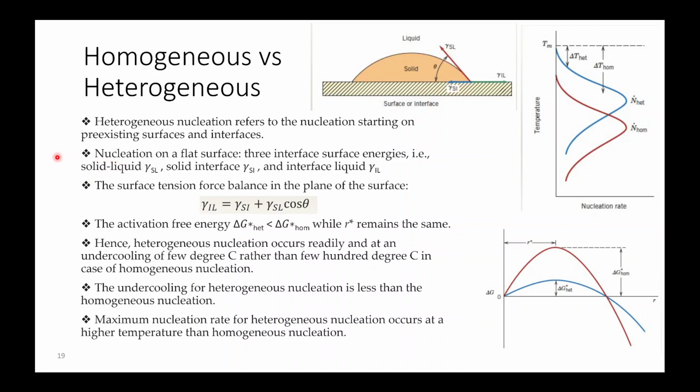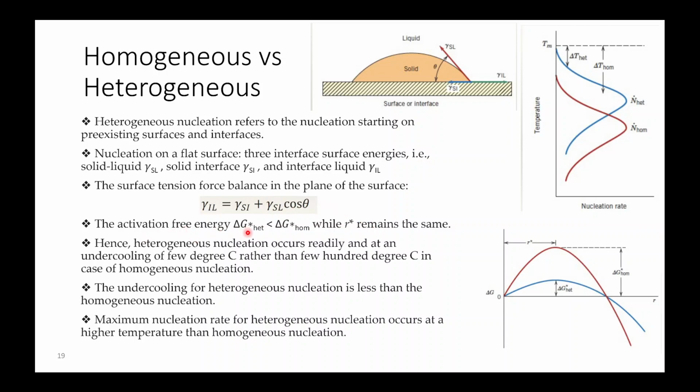For nucleation on a flat surface, there are three interfacial energies. Solid-liquid interface energy, gamma SL, is in this direction, and by taking cos theta you are taking it in this direction. These two should balance gamma IL. So gamma IL equals gamma SI plus gamma SL cos theta.